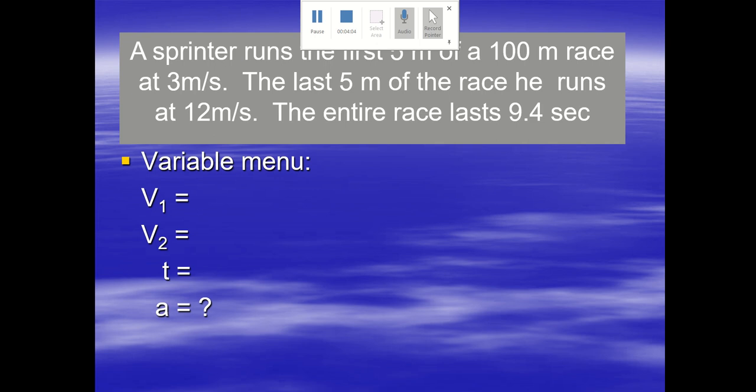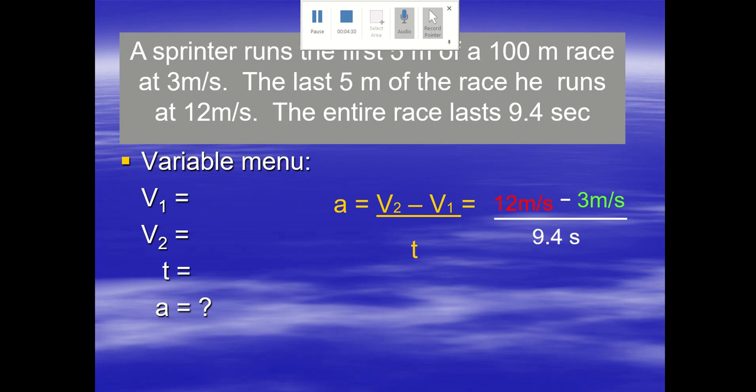So here we go. If you missed it before, here's our variable menu for the same stuff we were just doing. So V1 is 3, V2 is 12, and the time is 9.4 seconds. We're trying to find A. Our equation, A equals V2 minus V1 divided by T. Then we're going to substitute our numbers in. So let's see, we got V2 is 12, V1 is 3, and the time is 9.4.